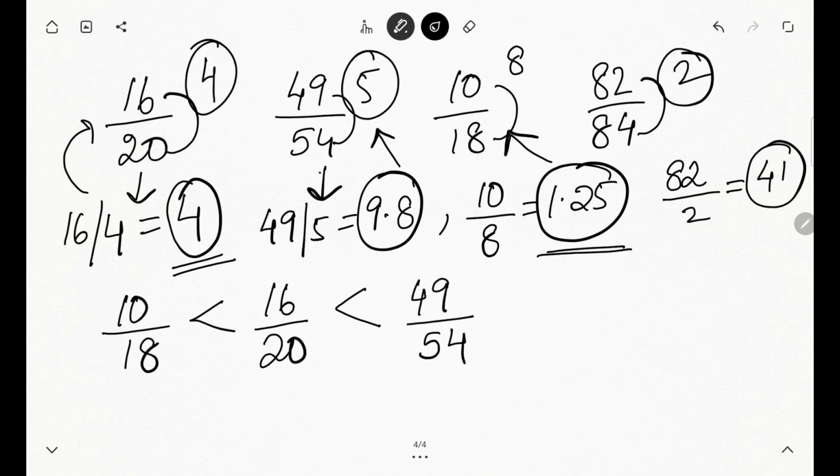And finally we come to 41, and so the biggest fraction is 82 by 84. And this is the required arrangement.